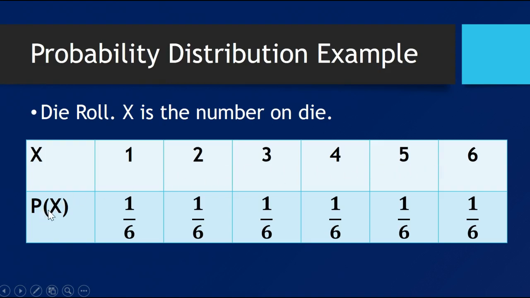Now what's the probability of each of those outcomes? P of x. Well, if it's a fair die, then each probability is 1 in 6. That's just the standard classical probability that we saw back in chapter 3. So the chance that you roll a 2 is 1 in 6, the chance that you roll a 3 is 1 in 6, and so on and so forth.